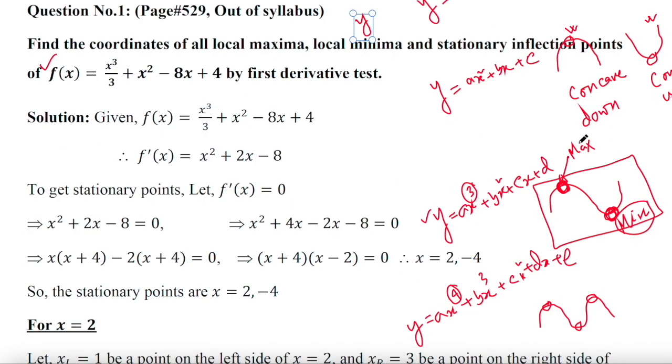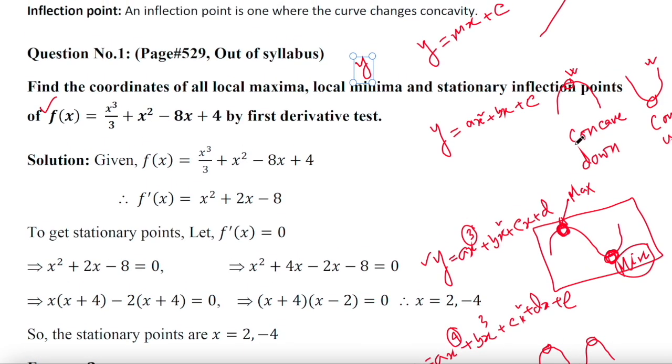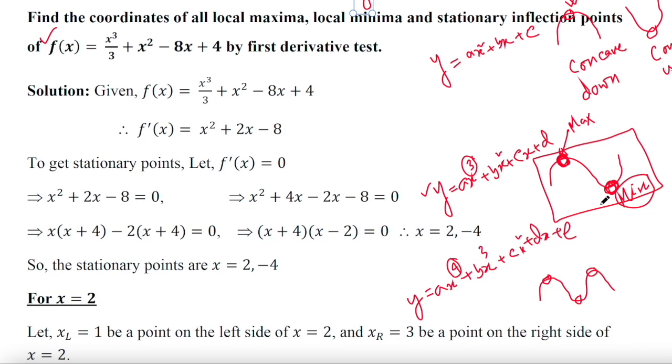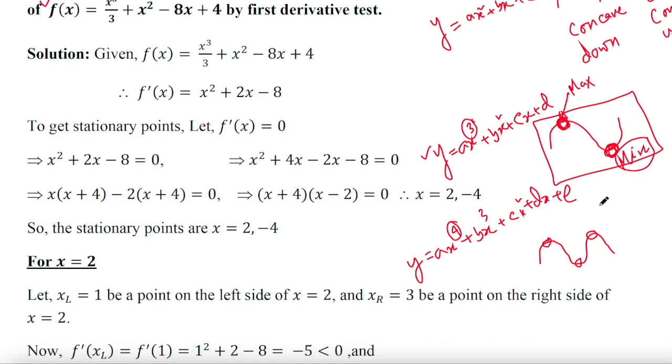What is our main target in this chapter? In this chapter, we are looking for 4 points. Number 1, maximum point. Number 2, minimum point.